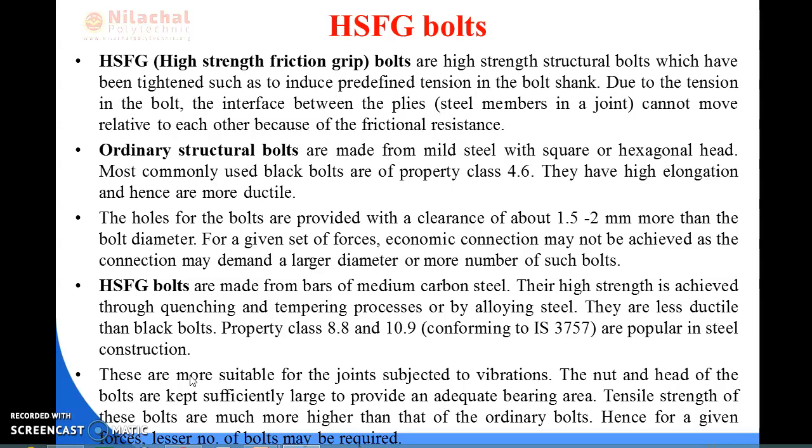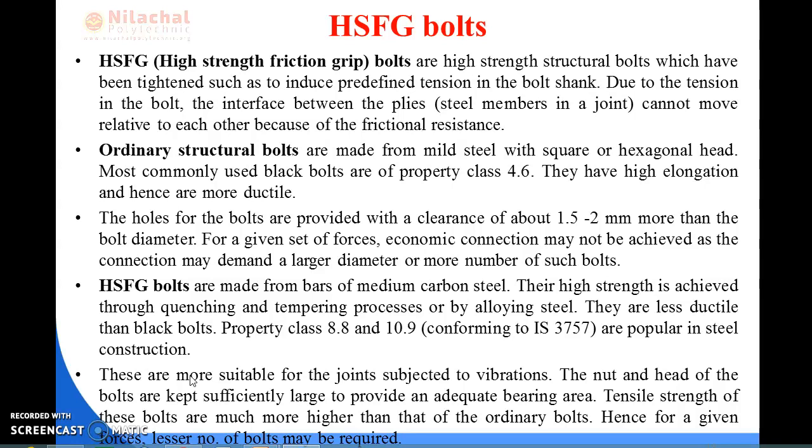HSFG bolts are available in two types of property class, or you can say the grade of the HSFG bolt is available in two types. The first grade number is 8.8 and the other grade number is 10.9.